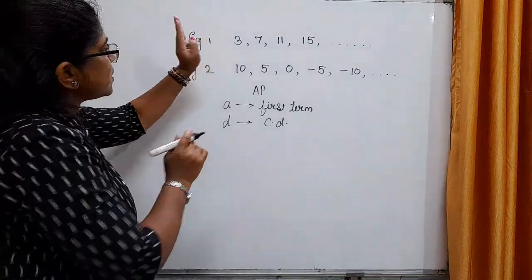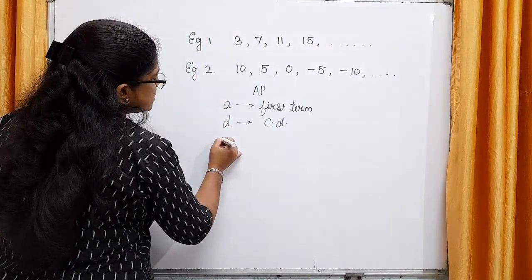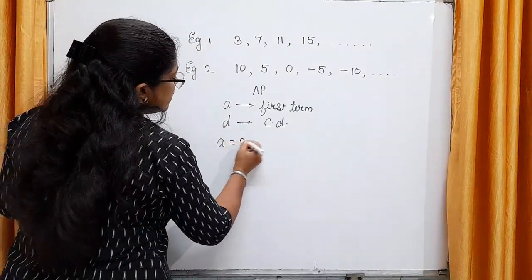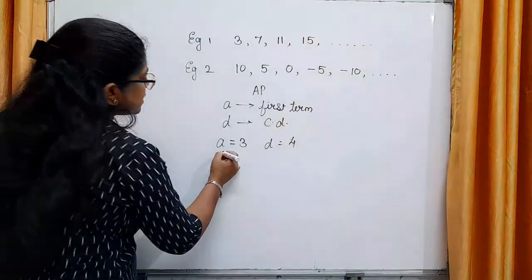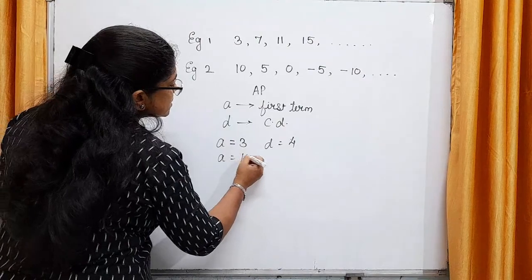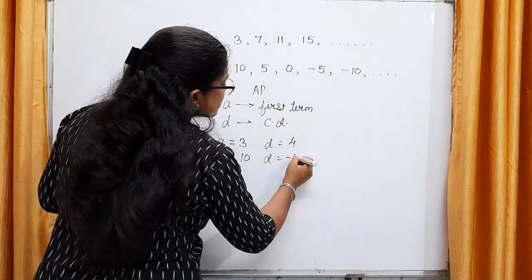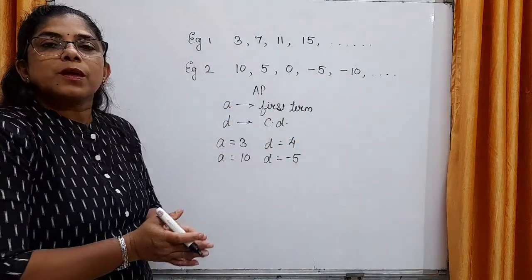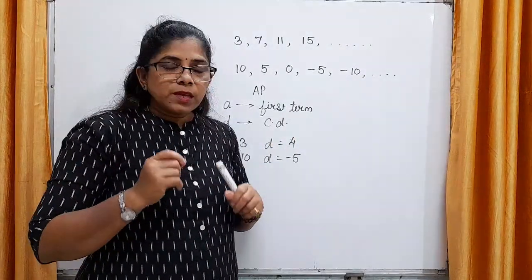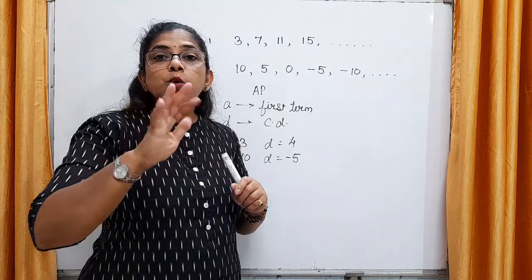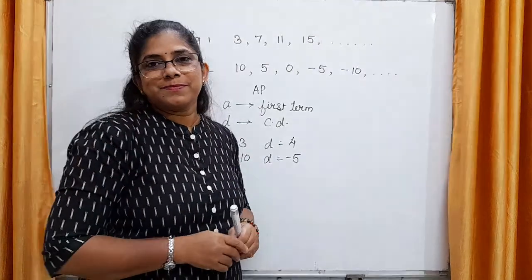Now in example 1, a is 3 and common difference is 4. In the second example, a is 10 and d is minus 5. So, this is in short the meaning of AP. There are a few more things which you should know before we start the sums.